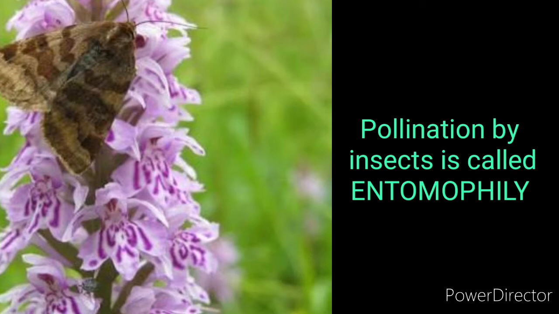They are brightly colored and produce large quantities of nectar. So these are the characters of entomophilous flowers: brightly colored, large quantities of nectar, fragrance, and colorful. If it is a small flower, they are present in a bunch in an inflorescence.